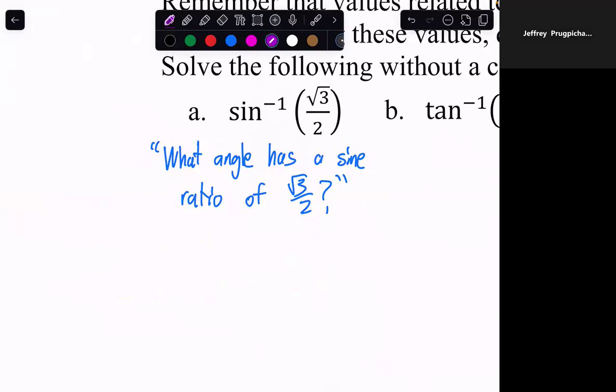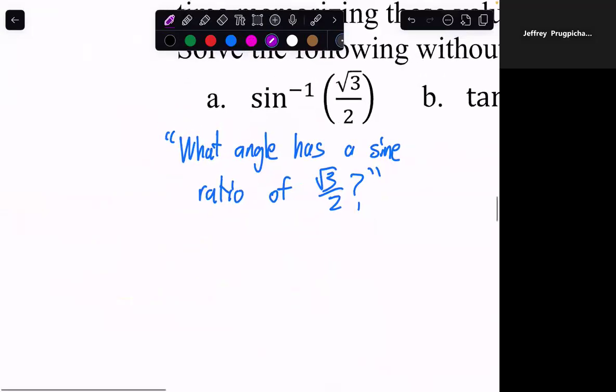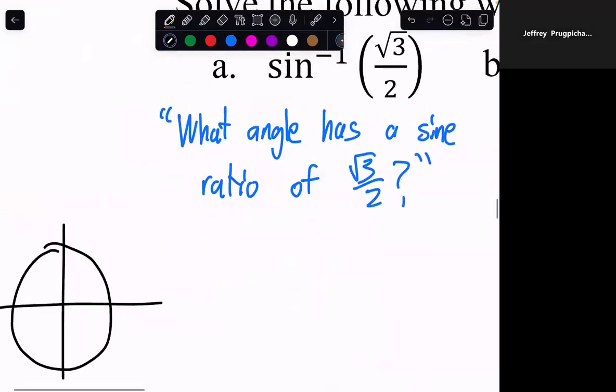So how do you do this? Well, one way would be to go back to the unit circle. We know that 0 degrees is 1 comma 0, so it's not that.